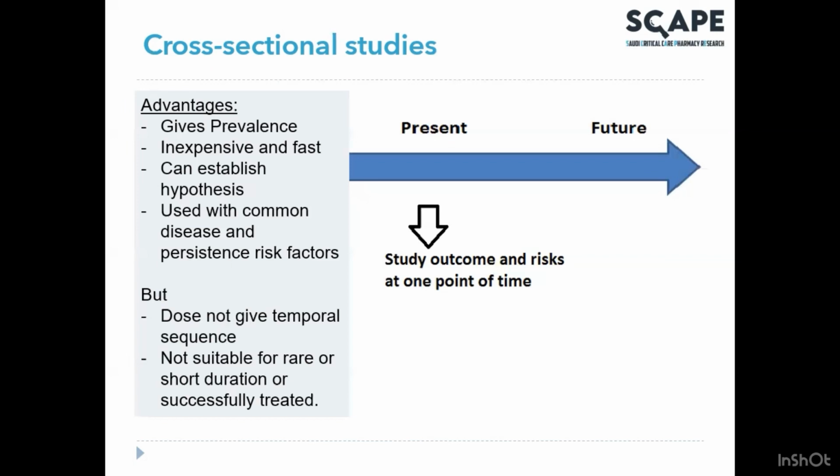The disadvantage of cross-sectional research is that it does not give temporal sequence. So we never know whether this association between the risk and outcome is causal. So which happens first?